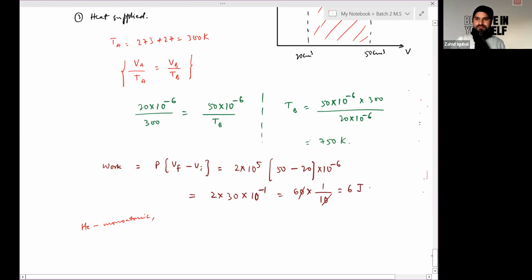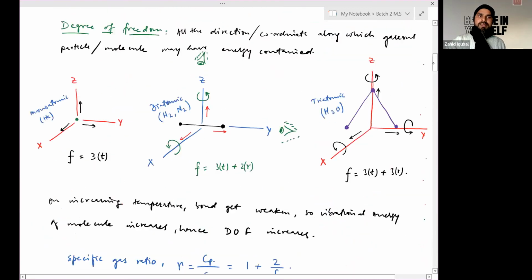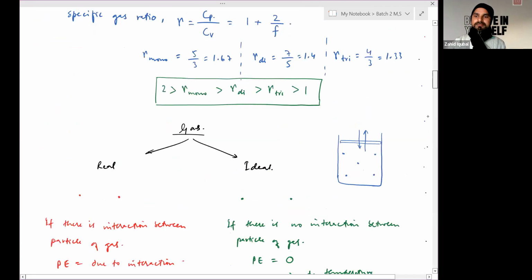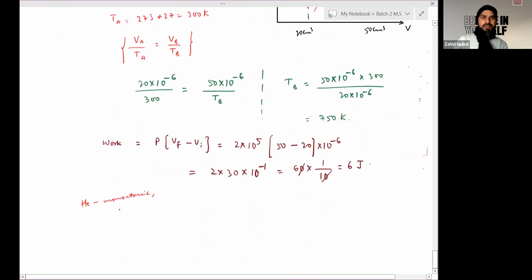Arpika, the value of degree of freedom for monoatomic gas? How much is it? 3. Okay. So for monoatomic, degree of freedom is 3.